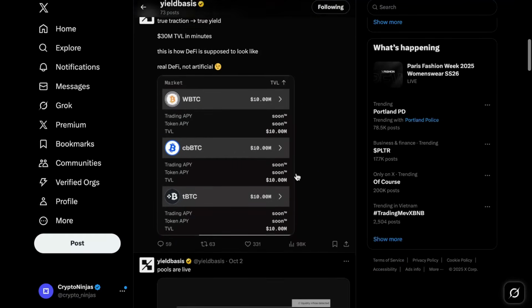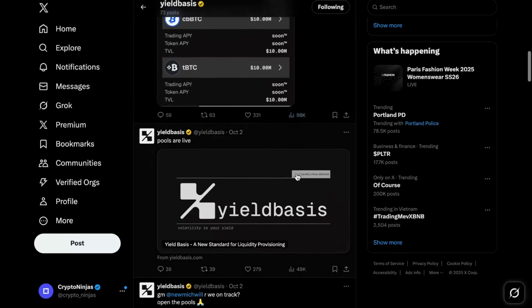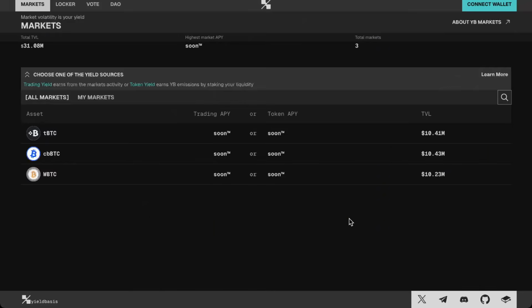With 6 smart contract audits done and a 7th underway, this isn't just hype. It's a robust, institutional grade project aiming to bring billions in Bitcoin liquidity to DeFi. Think of it as Curve's next chapter, tailored for Bitcoin enthusiasts.